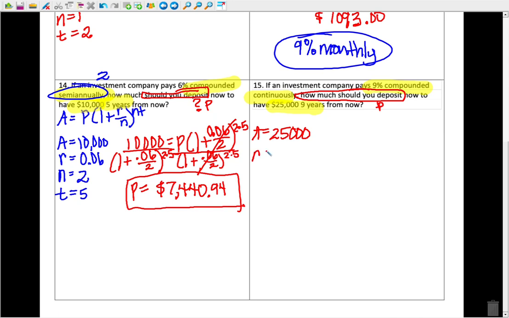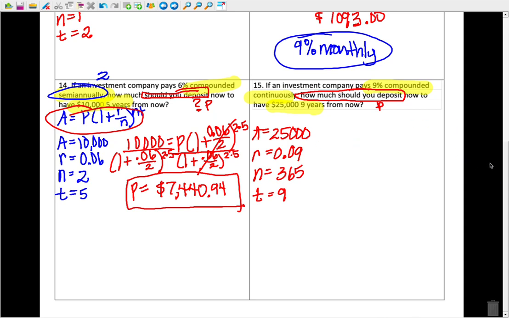The rate is 9%. So as a decimal, this is what it would be. The number of times compounded continuously means every day of the year. There are 365 days in a year. And the time is 9 years. So in the formula, there's our formula we're going to use.